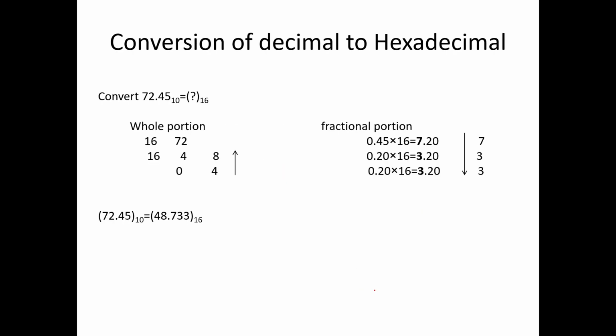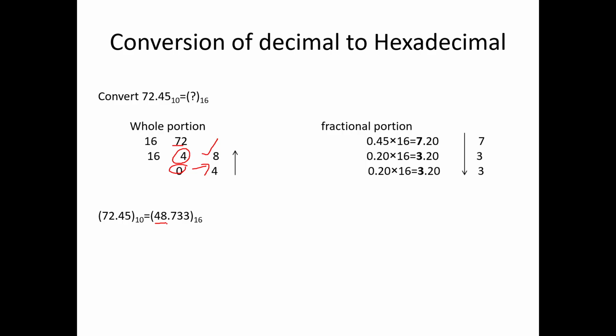Now we will look at the fraction part. We'll take the example 72.45. 72 divided by 16: the quotient is 4 and the remainder is 8. Then 4 divided by 16 gives quotient 0 and remainder 4. So the answer is 48.